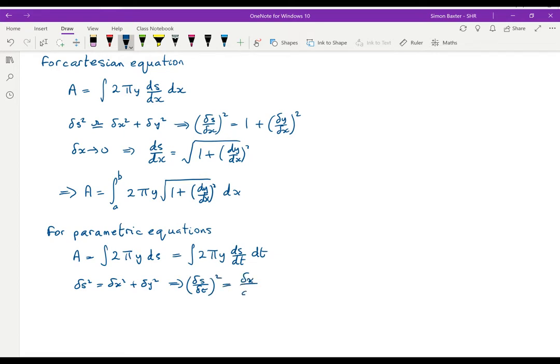We get what we saw when we were doing arc length.